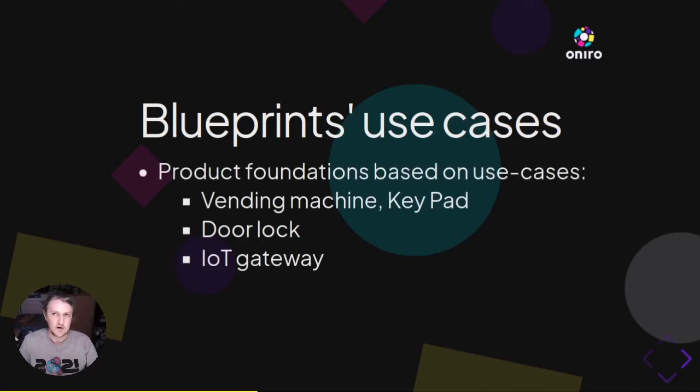So to get started, maybe you can have a look at some product foundations we shared today in this Jasmine release. We addressed some very specific use cases. One is a vending machine, which is showing how to interact with an IoT device using a touchscreen. We have also another touchscreen one called the Keypad, which is running on a microcontroller, which is a slightly more generic approach.